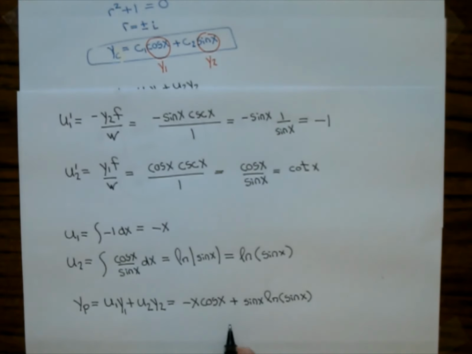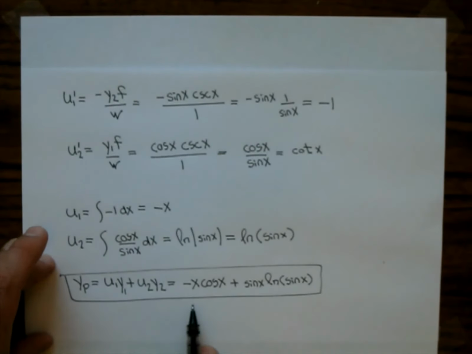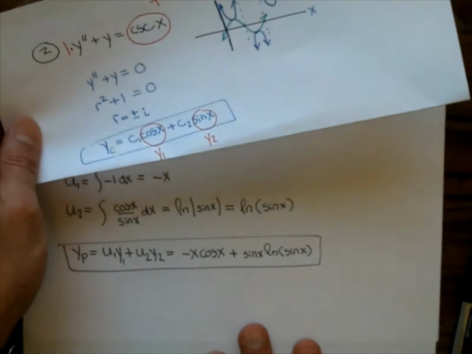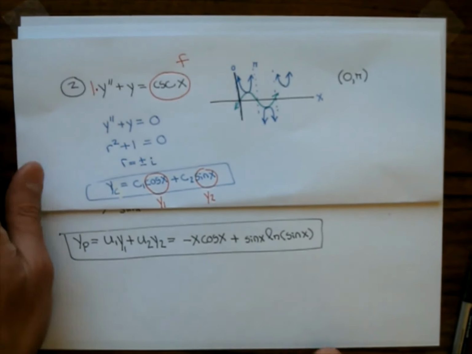And let's go ahead and write out our final answer now, because we have y sub c, which we did earlier. So that right there was writing out step 8. Step 7 was doing the integration. So there's your complementary solution and your particular solution.